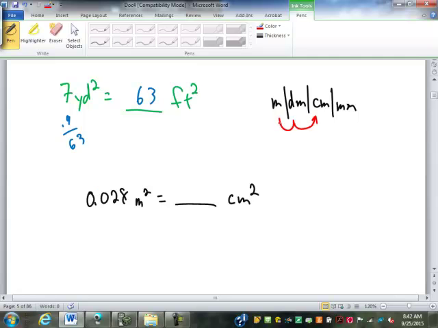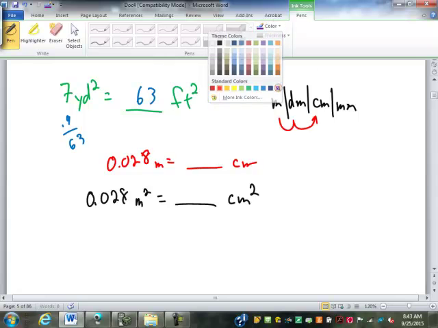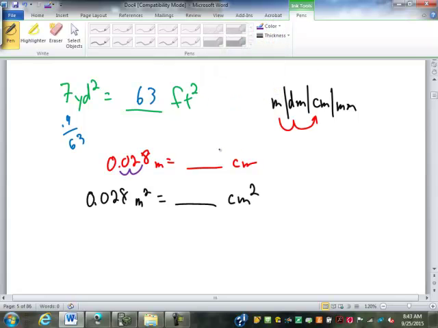If this were just meters to centimeters, if this were 0.028 meters into centimeters, I just move the decimal point once for every spot on the chart, right? I'd go 1, 2, this would be 2.8 centimeters. But since it's squared, each spot on the chart is 2 decimal places now. It's 100 instead of 10. So it's 2 spots on the chart, means I have to double that, so I have to move 4. So 1, 2, 3, 4. 280.